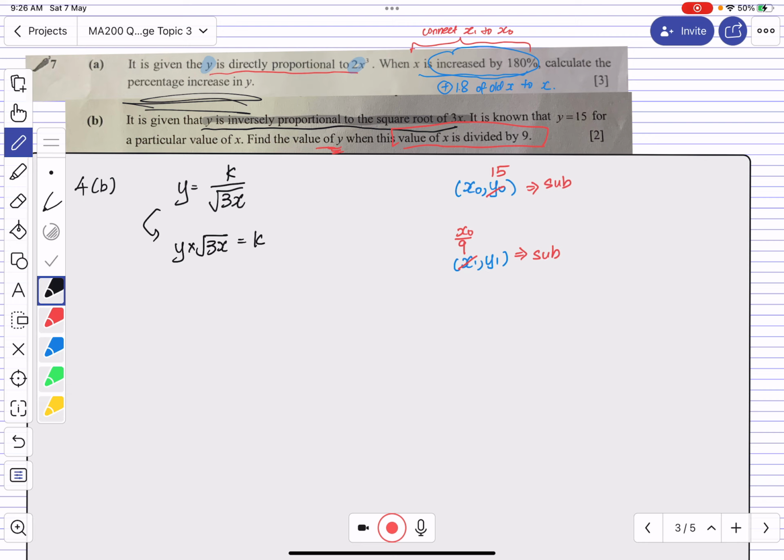If I substitute, I should have k equals 15, which is y0, multiplied by square root of 3 times x0. Here, k will be y times square root of 3x, which is y1 times square root of 3 x0 over 9.